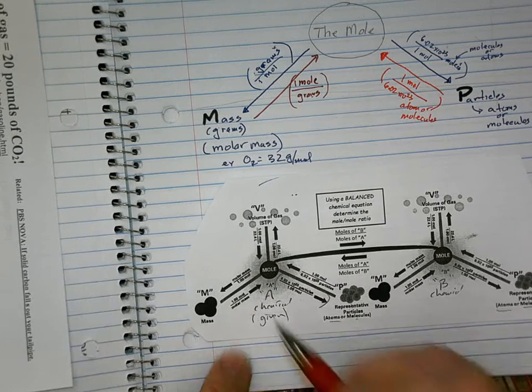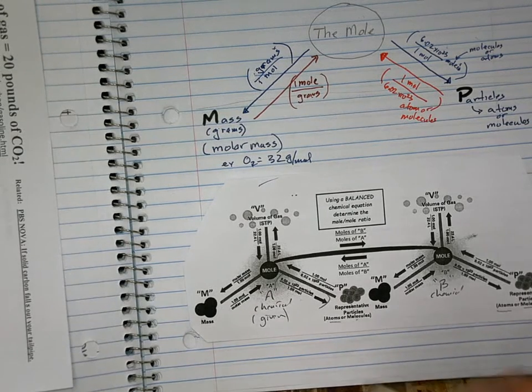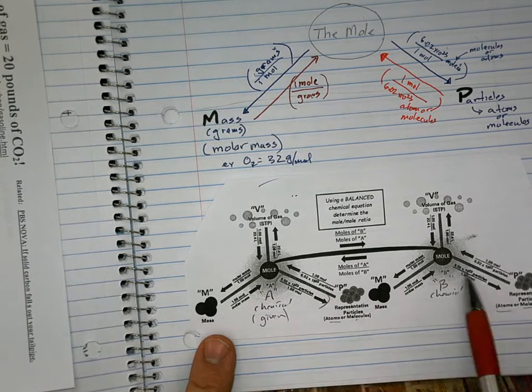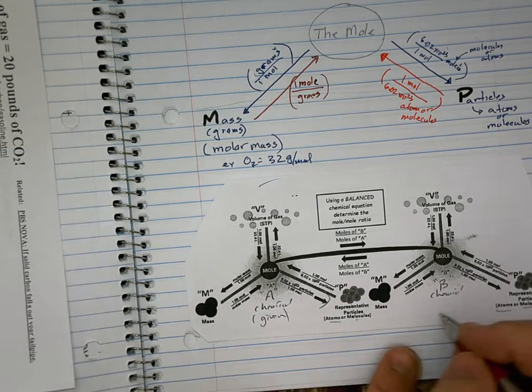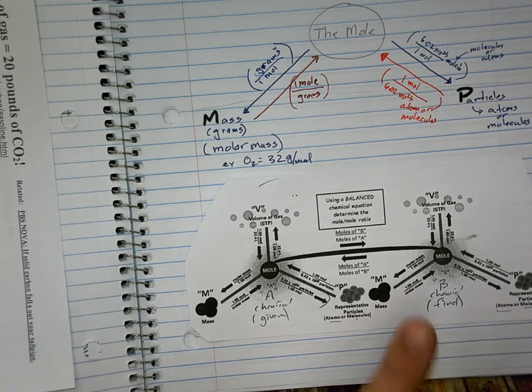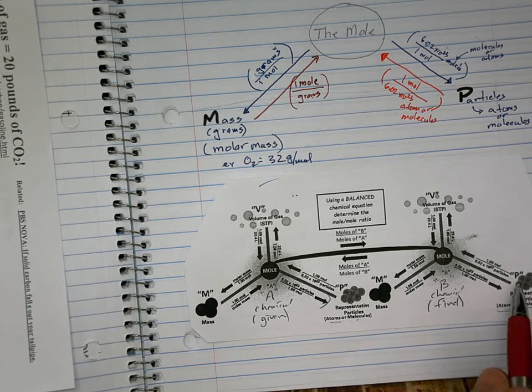So we may say you are given 12 grams of zinc. This is the given side. And if we want to end up over here on the find side, chemical B is our find, maybe we want you to find how many molecules there are of a chemical that's formed.